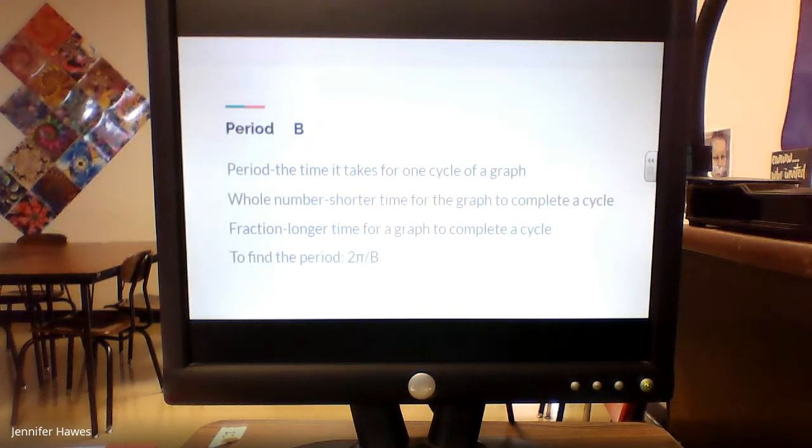I need to edit this because to find the period, you take 2 pi divided by b, but if it's tan, you would take pi divided by that number. I don't spend a lot of time with tan in regular pre-calc, so I will add that in there.